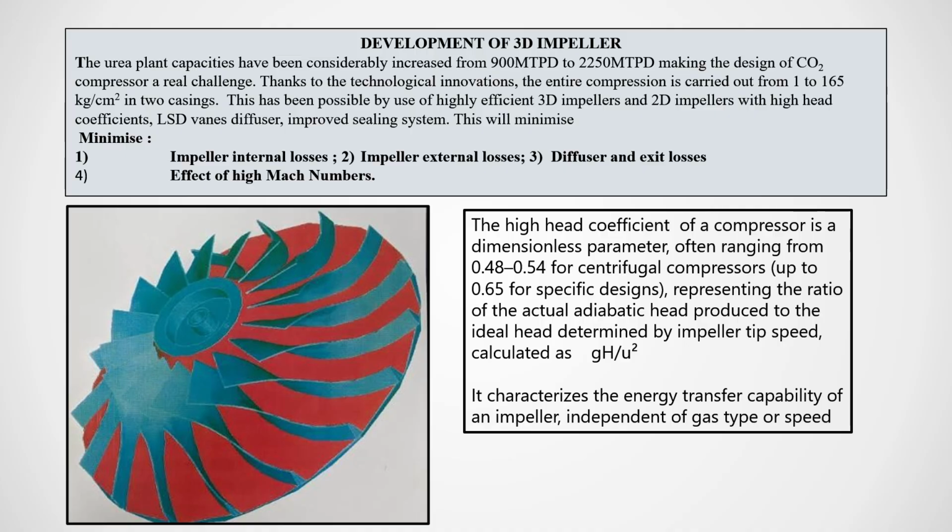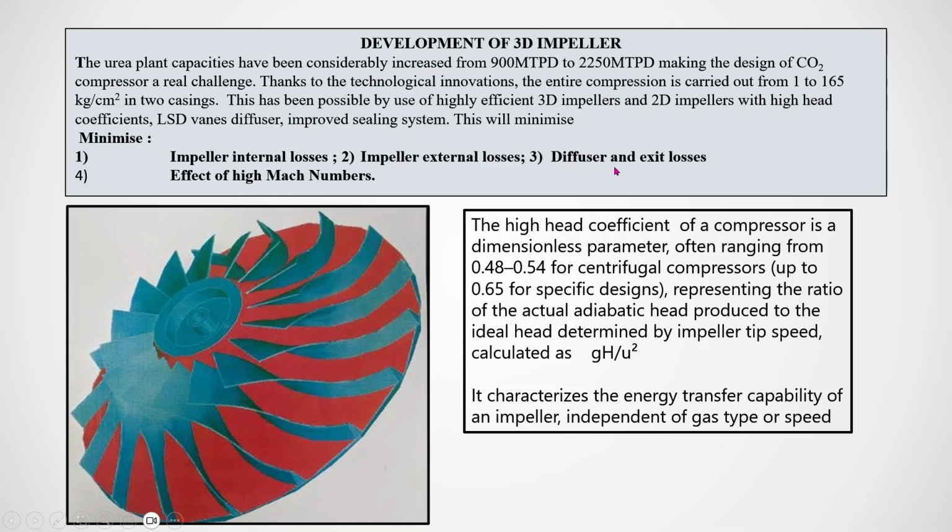With two compressor barrels we are increasing the pressure from 1 to 165 kg per centimeter square, and minimizing impeller internal losses, impeller external losses, hub and shroud losses, and diffuser and vane losses. We are using a vane diffuser; there also losses will exist.